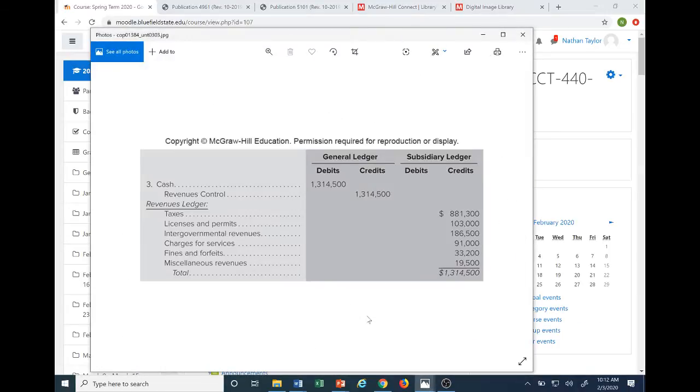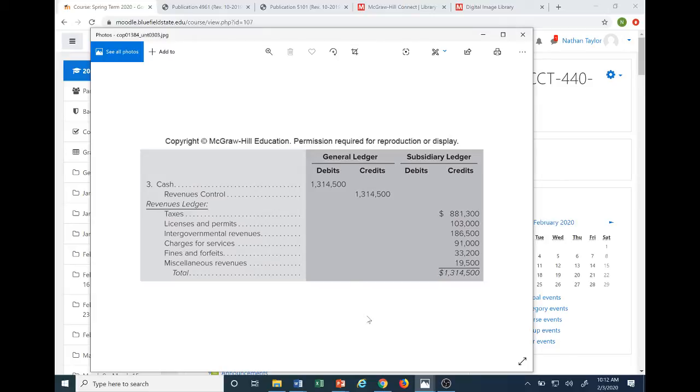This right here deals with revenues. So obviously we can see here we have a debit of cash. We know that assets are original debits when we make the double entry for accounting, right? So if we're getting cash, then we debit it because that asset is increasing. So we debit cash, credit revenues control, because we know revenues is an original credit, right?